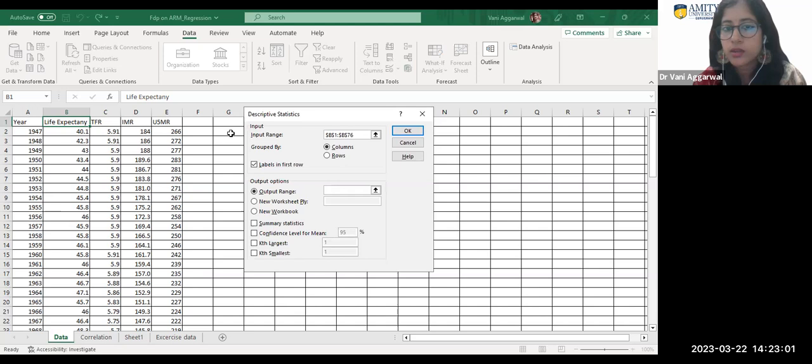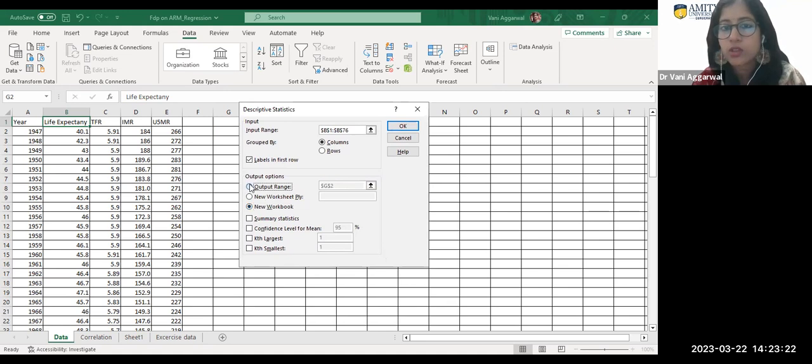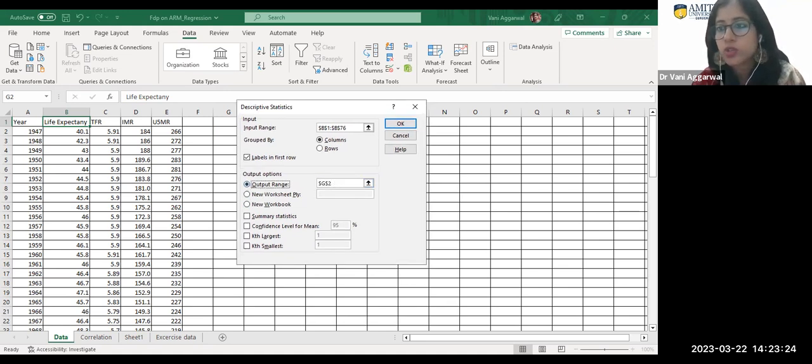Now output options: whether you want it here itself. For example, I want my descriptive statistics in this box, or you can create a new sheet within the same Excel workbook, or create an altogether new Excel workbook. But for the time being, I have selected this option for my output range.